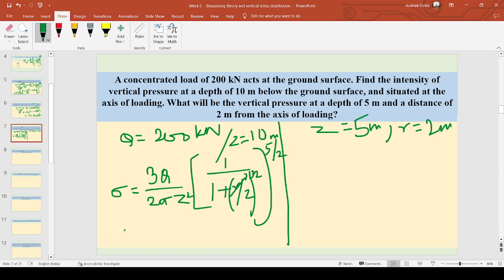So if we substitute the value of q with 200, z with 10, and this part will be equal to 1, then we get a value of around 0.955.